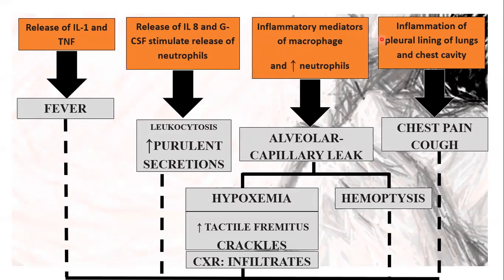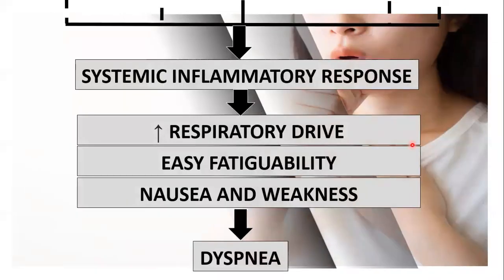This would produce pleurisy, which means the patient would have chest pain. And this inflammation of the pleural lining would also stimulate the cough reflex of the patient. So everything would now lead to systemic inflammatory response. And that would lead to increased respiratory drive and would cause easy fatigability of the patient, and they could experience nausea and weakness.